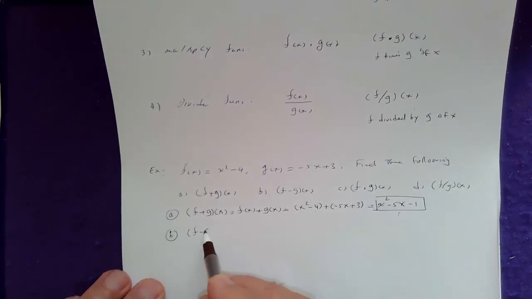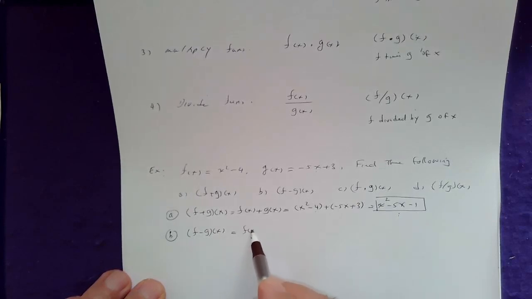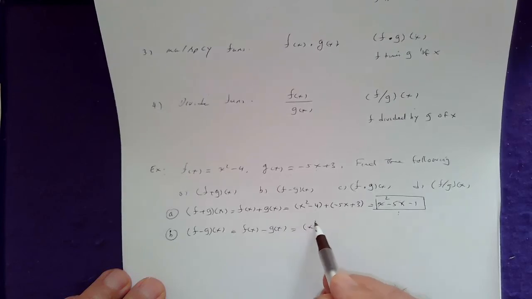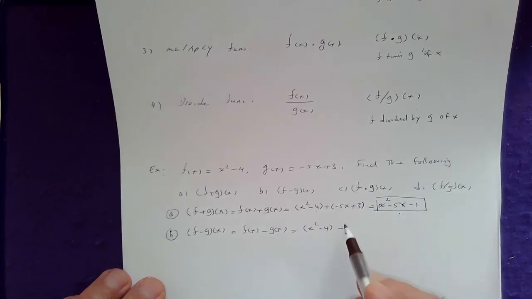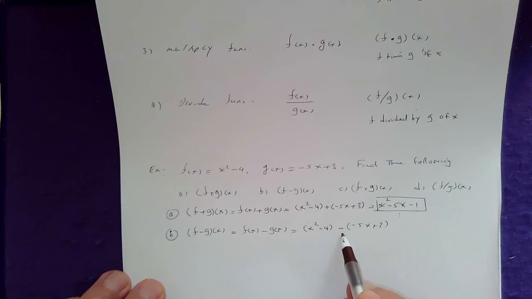How would you subtract? Remember, in addition and multiplication, the order doesn't matter, but in division and subtraction, the order matters. Who gets subtracted from what? In this case, you take g of x and subtract it from f of x, not the other way around, yes? So f of x has to go first, followed by g of x. Do you see it? So there goes the minus sign.